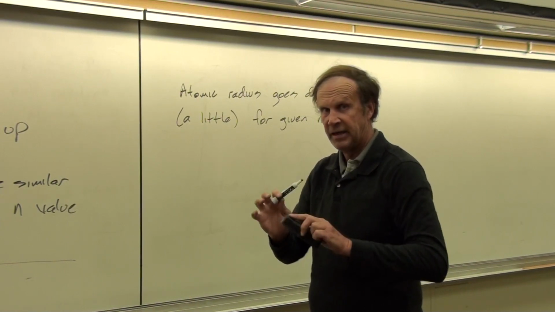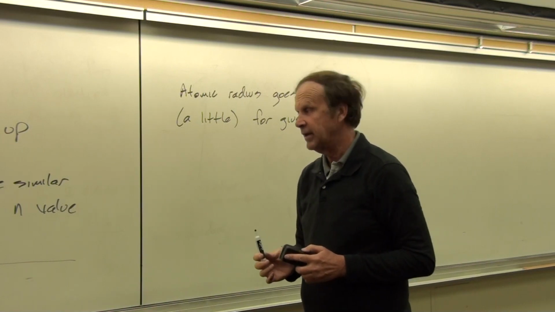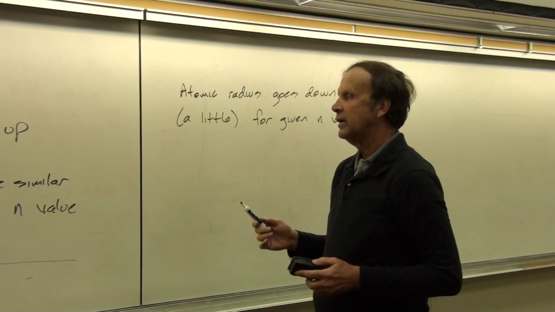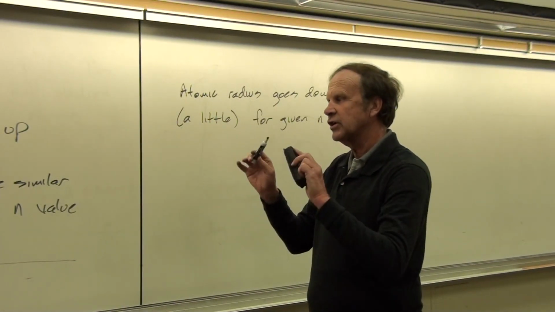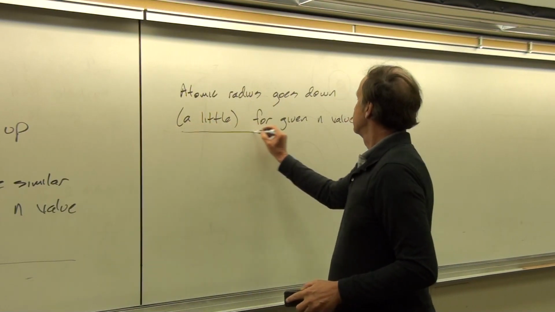And so the atom takes up less space than it does when there are fewer electrons in the outermost shell that corresponds to a given n value. Okay.